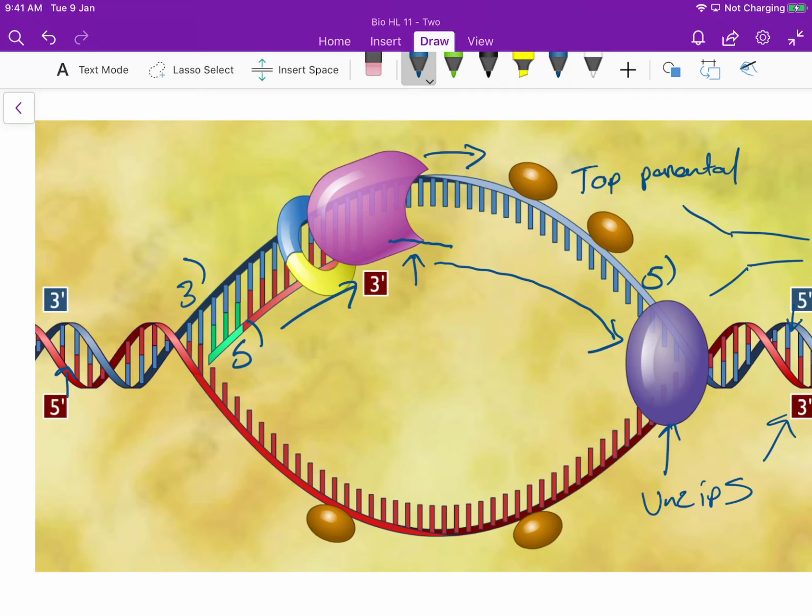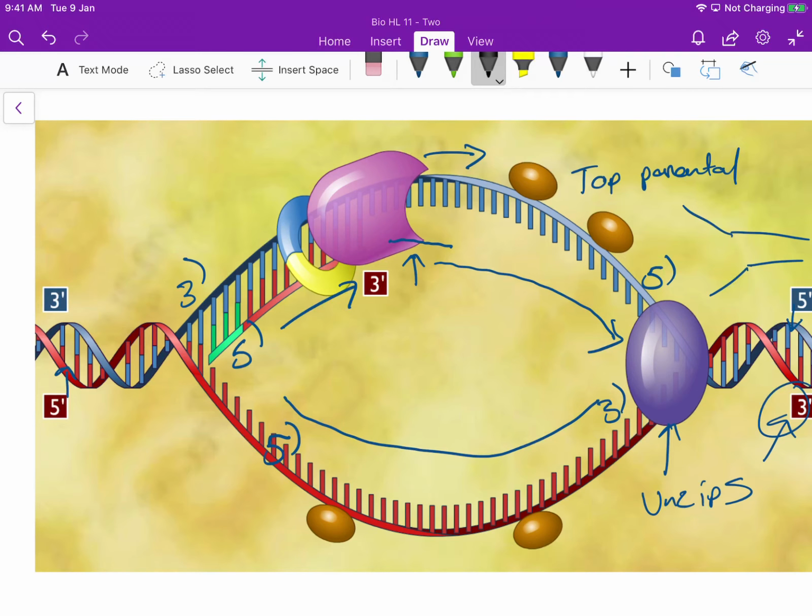But if we think about what's happening on the bottom strand, let's follow it round. This end here, we said that was the 3' end, and that means that this is towards 5'. Now that means that the other strand, the new strand which is going to be made, is the opposite of that.